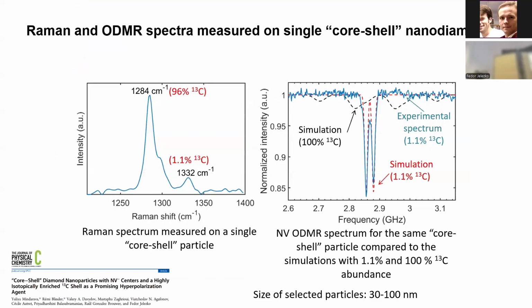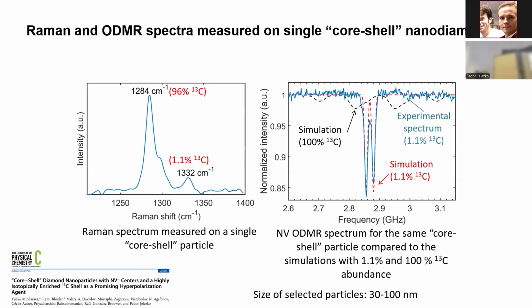You can see this core shell nature by measuring Raman spectrum. This Raman spectrum has 2 components. The 1332 wave numbers is 1% normal diamond, and the smaller frequency Raman corresponds to 100% enriched carbon-13.